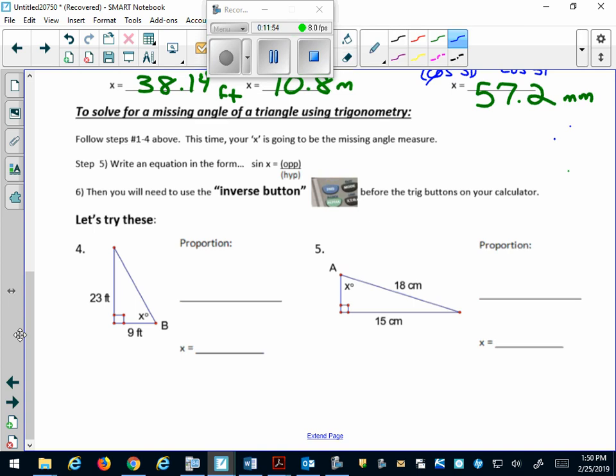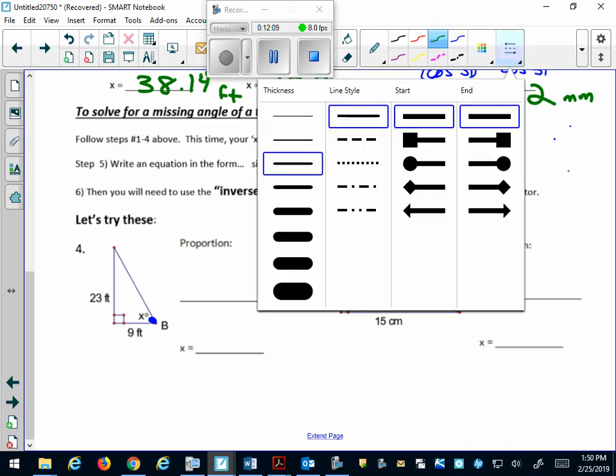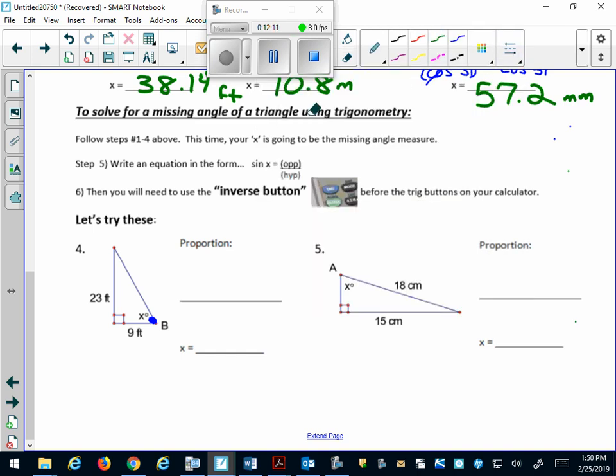There is trigonometry of non-right triangles, but it's not a SOHCAHTOA situation. These are a little different because we're looking for the angle measure. So this is the other situation that trigonometry can help us with: finding missing angle measures.